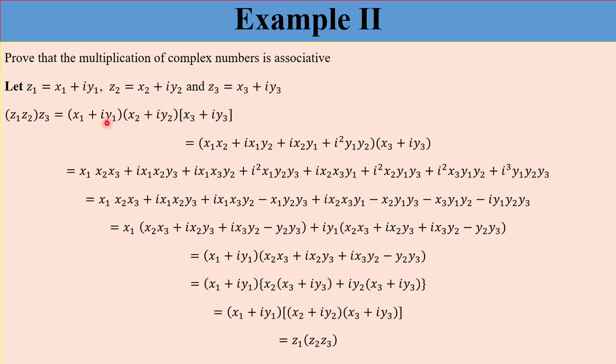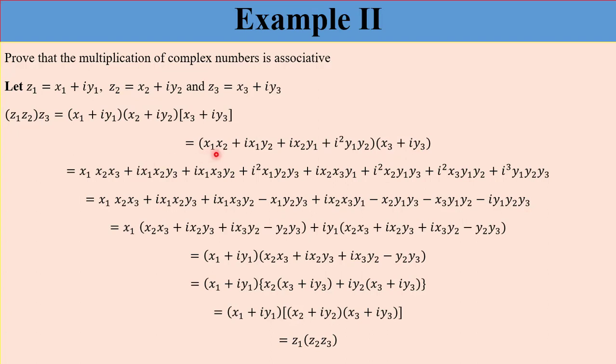Then you go to the next term, iy1 times x2, which will be ix2 y1. Then the next will be iy1 times iy2. So we shall have i squared y1 y2, times the z3, which is x3 plus iy3. So we still go ahead and open the brackets.